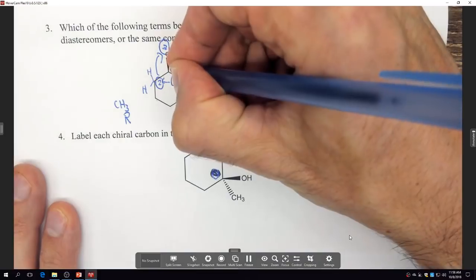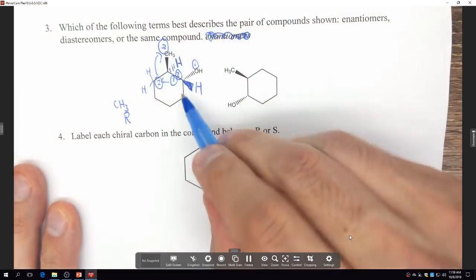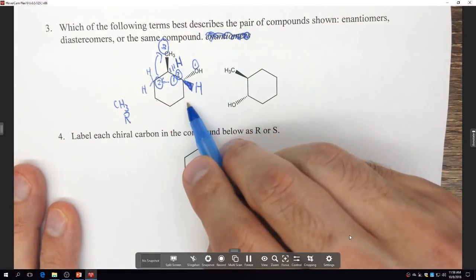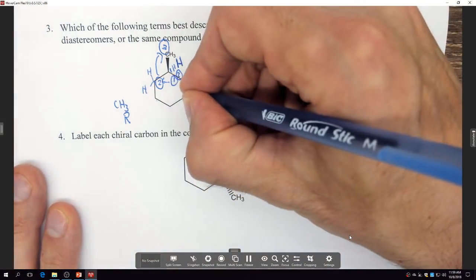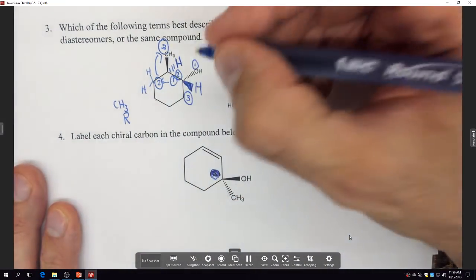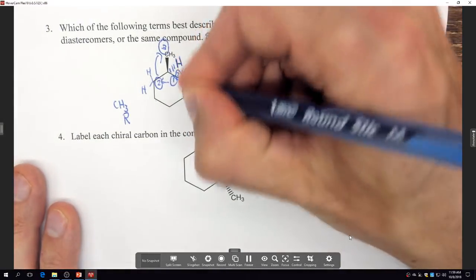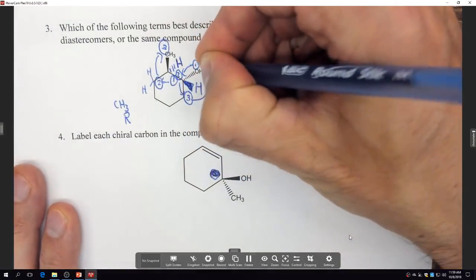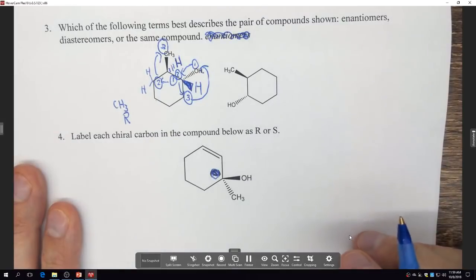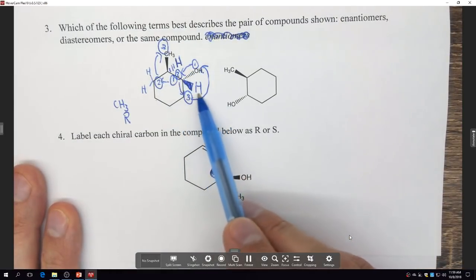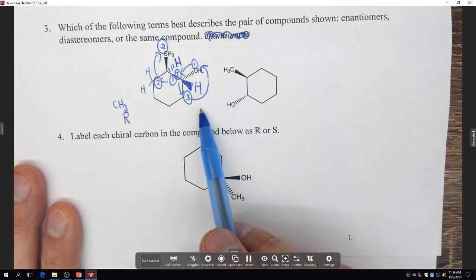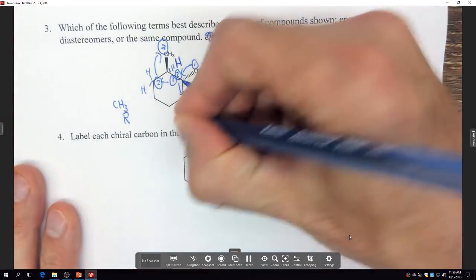That makes this group to the left, and it's getting messy in here, priority 2. And this group down here, priority 3. Now I look at my rotation. Is that clockwise or counterclockwise? 1, 2, 3. That's counterclockwise, which looks like S.